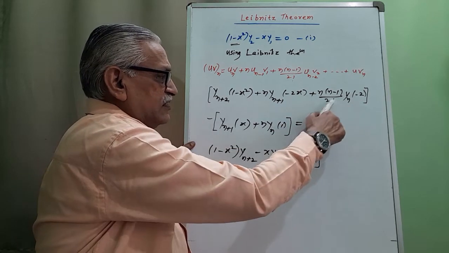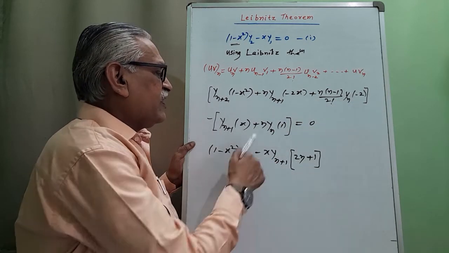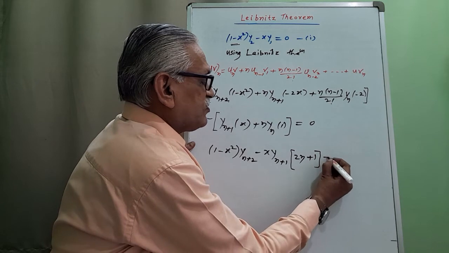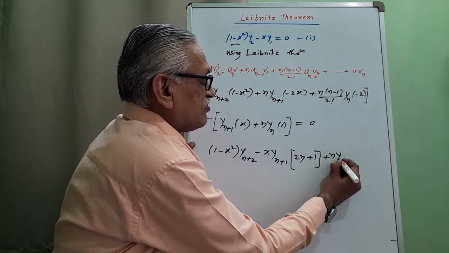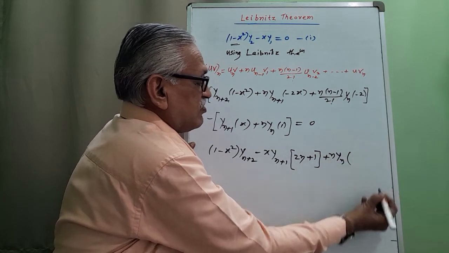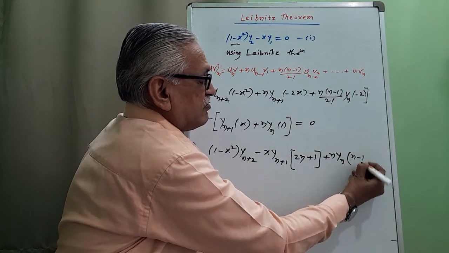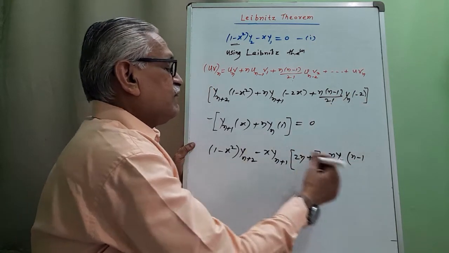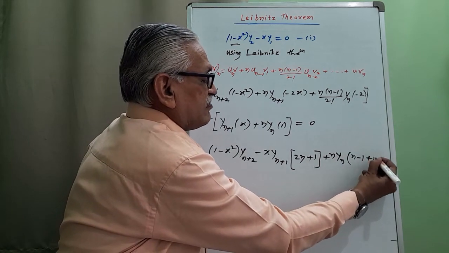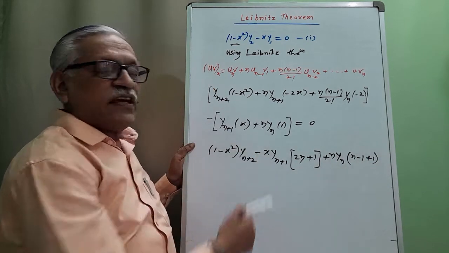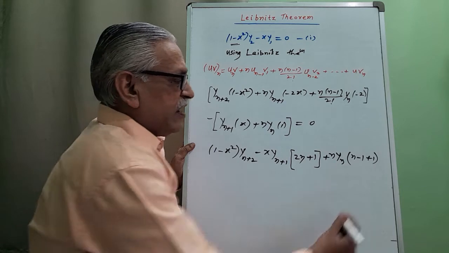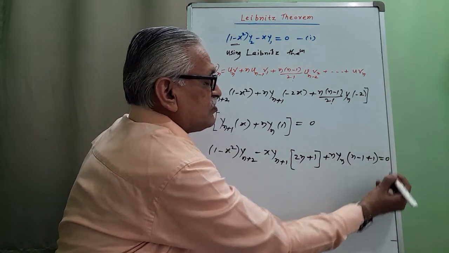Next, this 2 gets cancelled. We can take yn common from these terms. Here it is n minus 1 and plus 1, when we take yn as common term, and that is equal to 0.